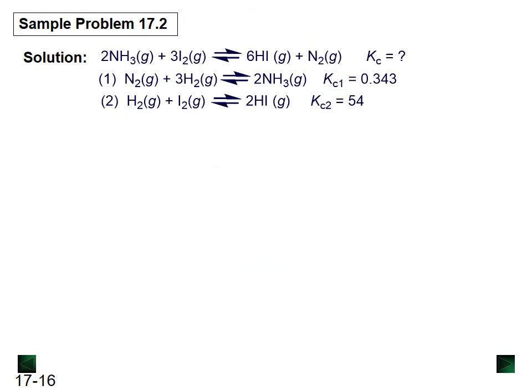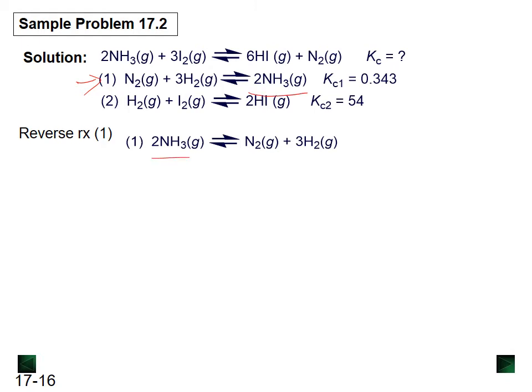So here's how we do it. First, we reverse the first reaction. So ammonia from product becomes reactant. Nitrogen from reactant becomes product. Hydrogen becomes product. And for this new reaction, the equilibrium constant will be 1 divided by the original K. So 1 divided by 0.343 gives you 2.92 for the reversed reaction.